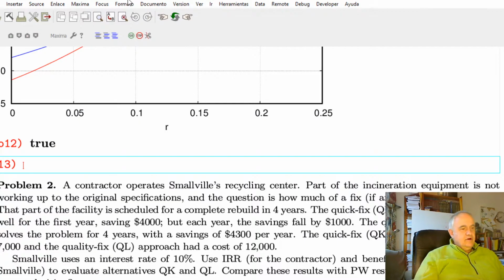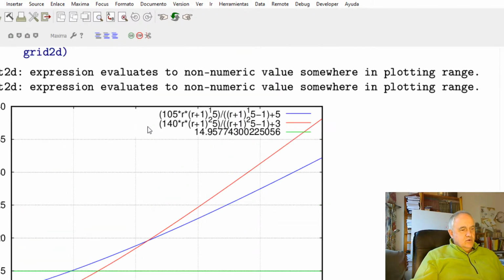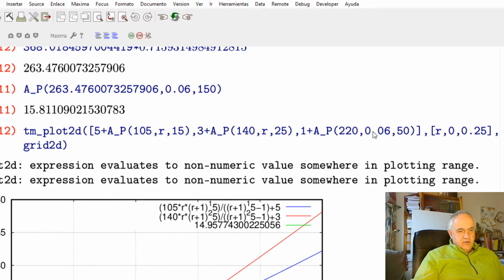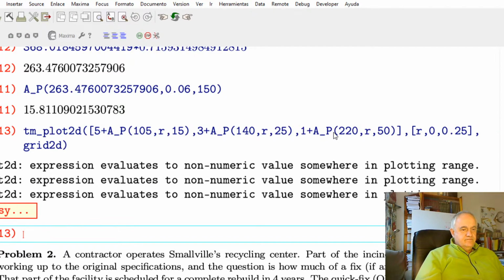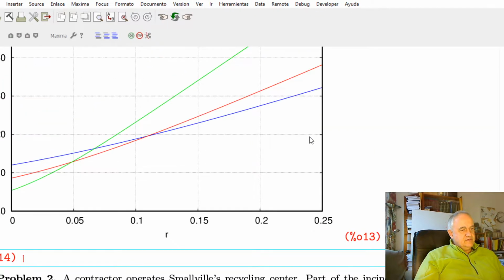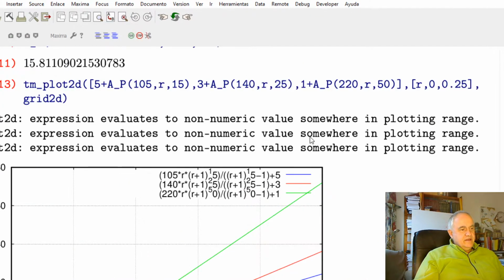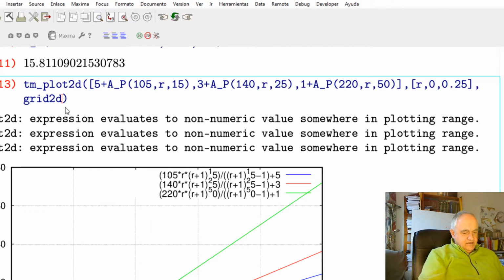Okay, there is the plot. Oh, there's some problem here, we didn't transform the rate of discount of the third case. Okay, now this is the graph. To be clear, I will add the legend.